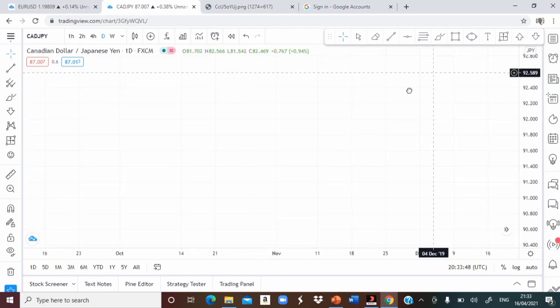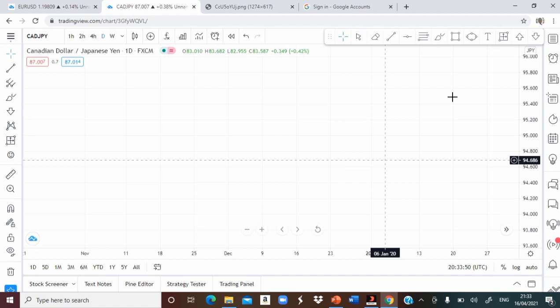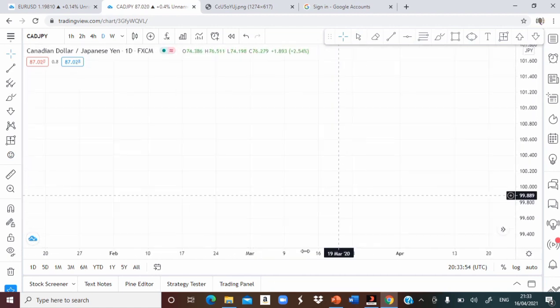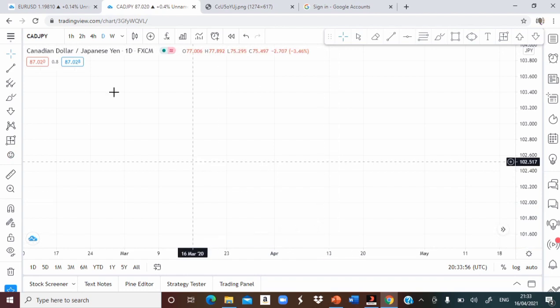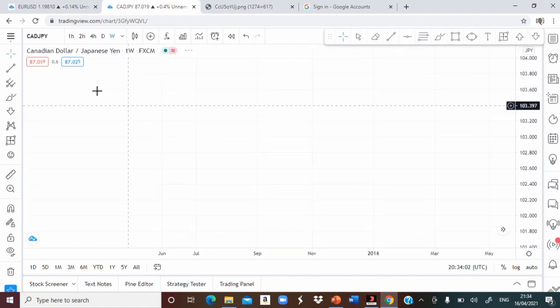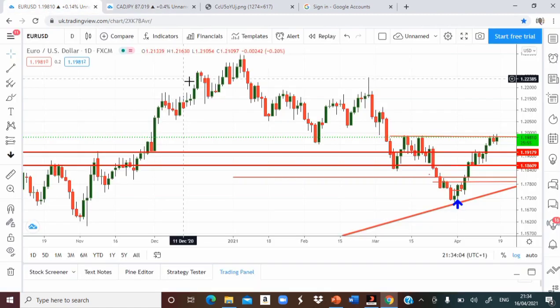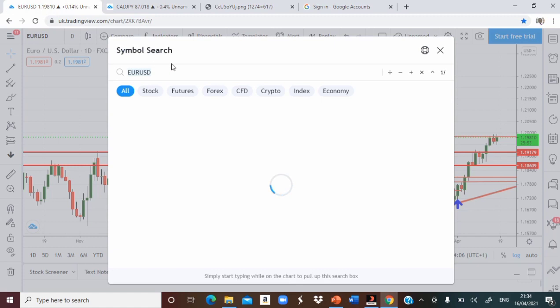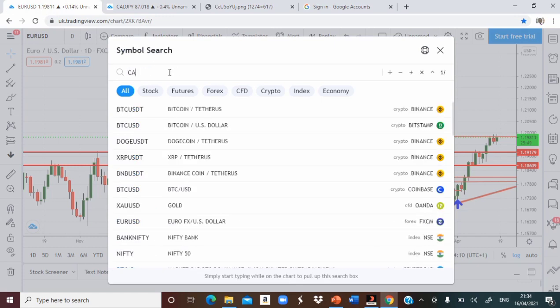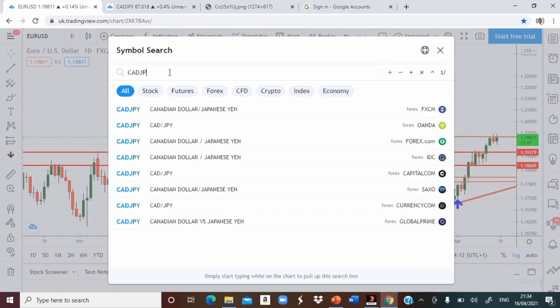Oh, this chart can be funny sometimes. Okay, just leave this in here. I see ADJPY.